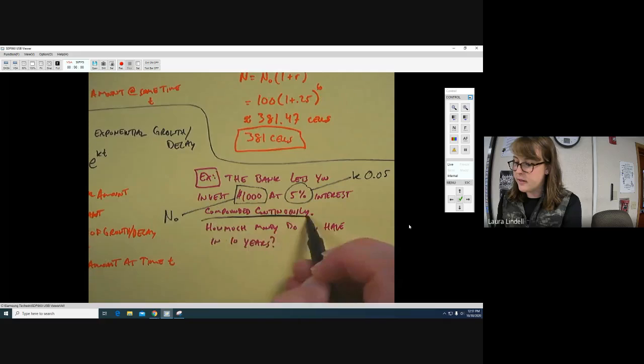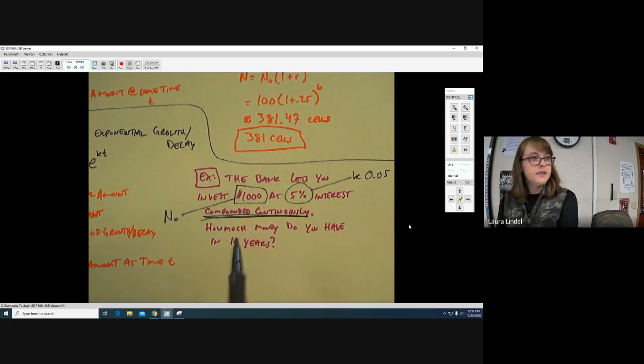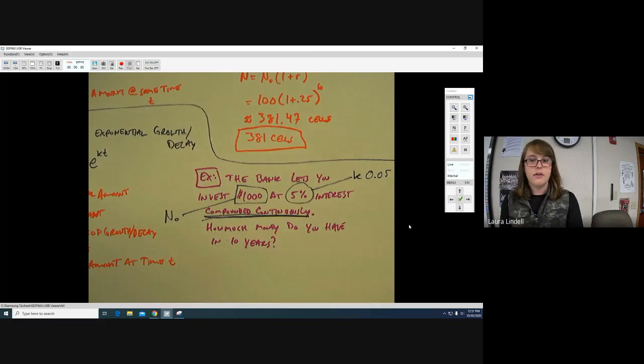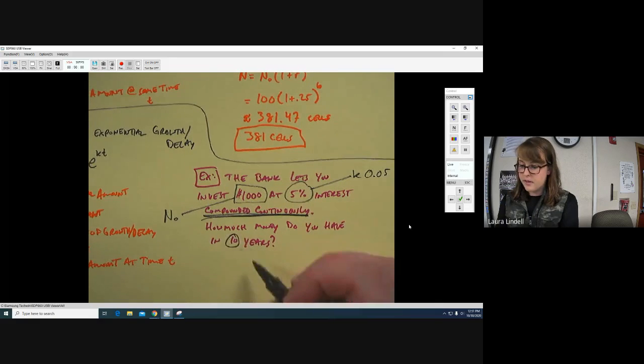Compounded continuously is what tells us that we're going to be using this model at all. So if it's not compounded continuously, you wouldn't want to use this model in the first place. So this is only the case if it's compounded continuously. Okay, and then how much money do you have in 10 years? 10 years would be the time.